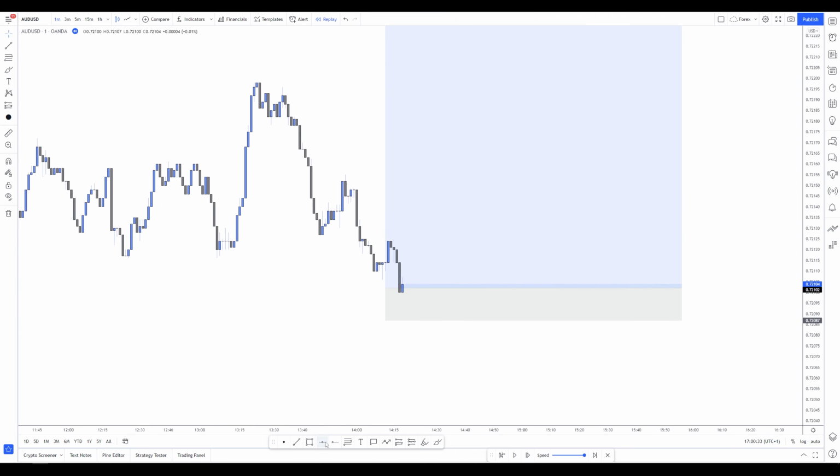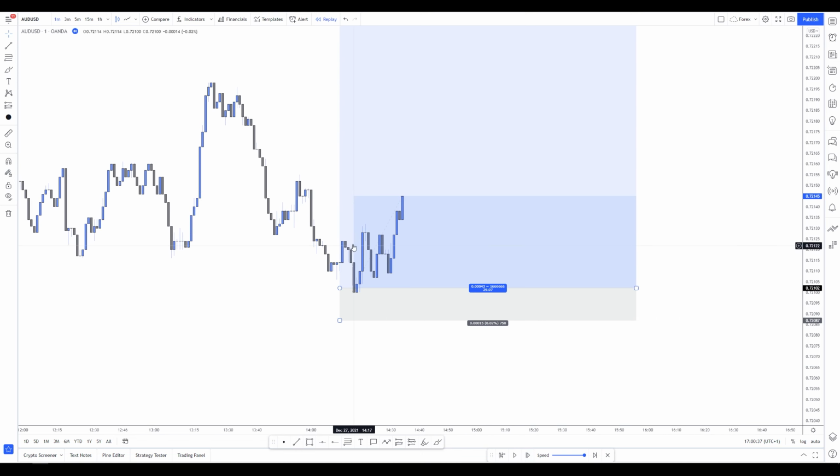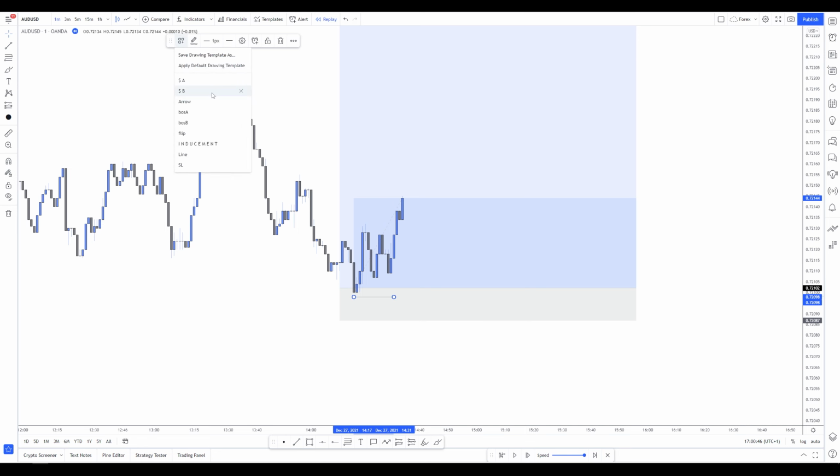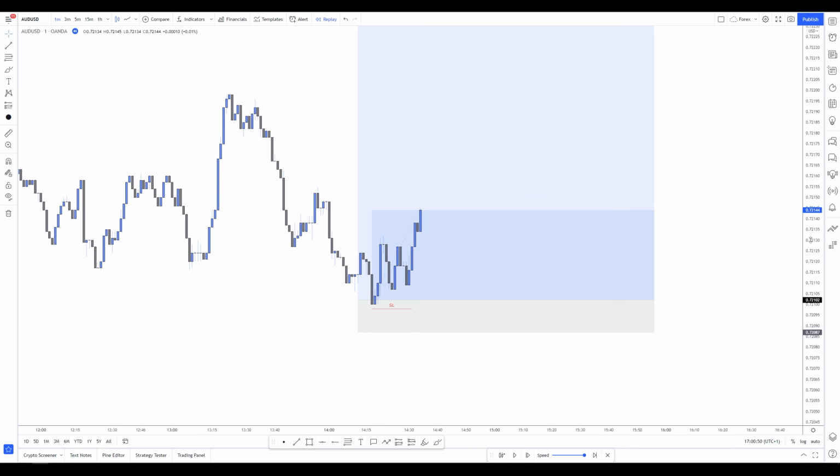First of all, price was moving in kind of a range, but when we broke this lower high, I moved my stop loss below the low right here, just to reduce my risk in the markets and be a bit more safe.